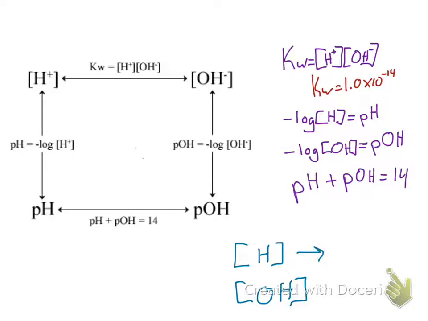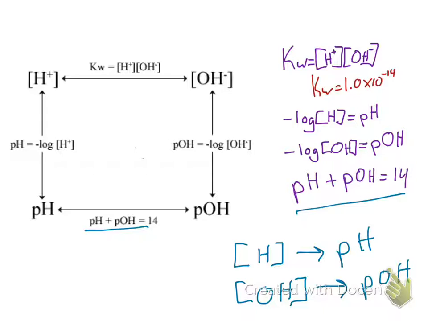So this we can use to calculate the pH, and this we can use to calculate the pOH. Now, the other equation on the bottom here, we can use to calculate pH and pOH if we're given one or the other, because those two added together happen to equal 14.